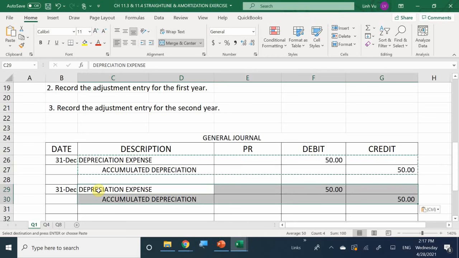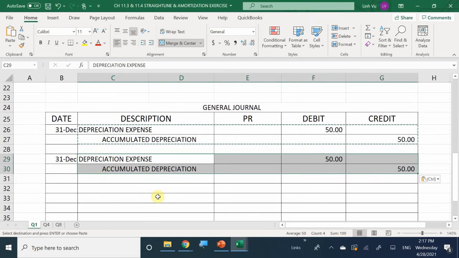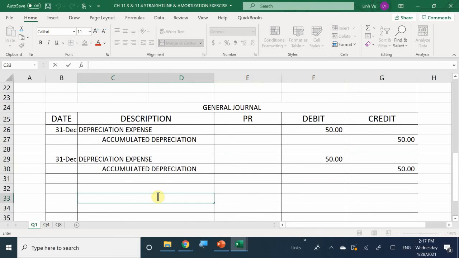Obviously, when you're dealing with your books, you're not going to be looking at a span of 5 years. So in this case, the idea is that for the second year, it should look identical to the first year. Okay. Good. Easy? Yes. Okay. So now let's go ahead and move on to a little harder one.